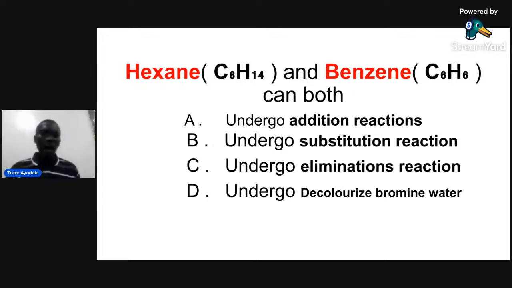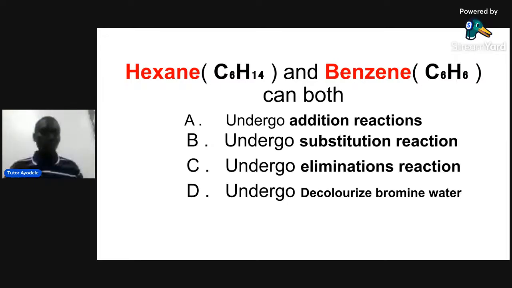Now, I want someone to ask me why in the comments. Or why do you think that benzene undergoes both? Benzene undergoes both substitution reaction and addition reaction. But my question is, which one does benzene prefer out of the two? It's an exam question, so I've come across this kind of question. Does benzene prefer addition reaction?